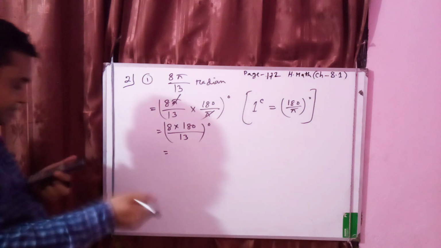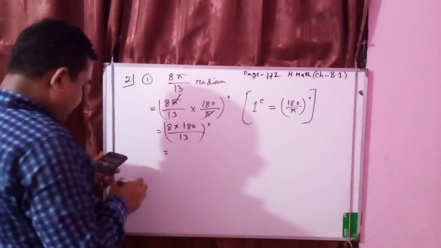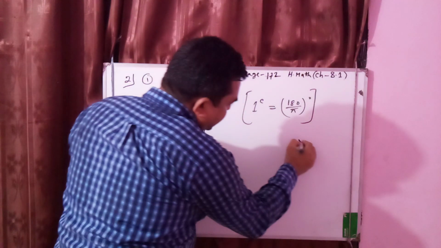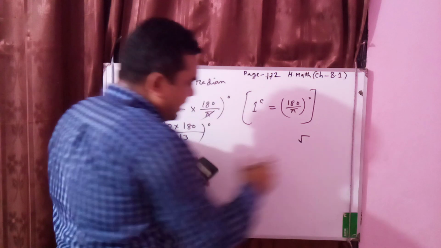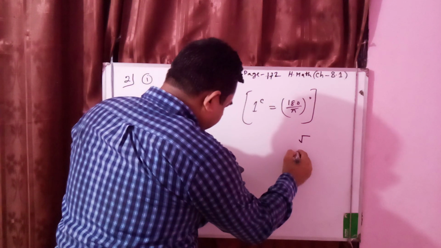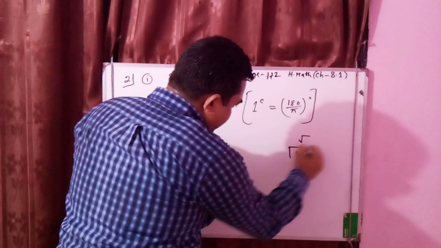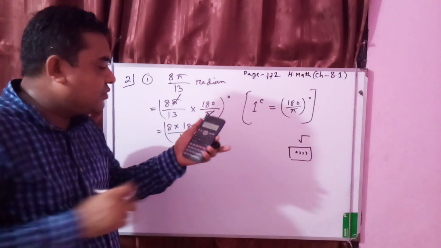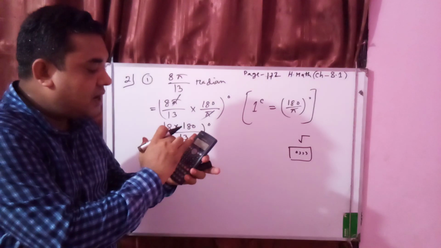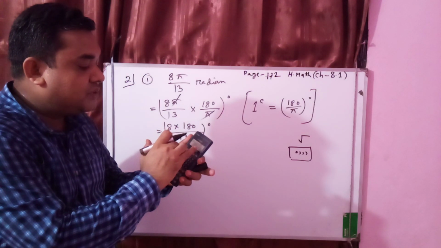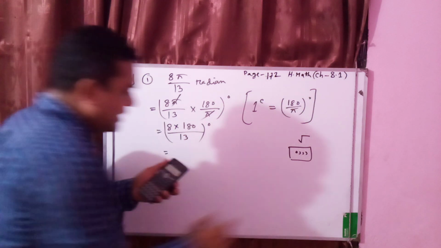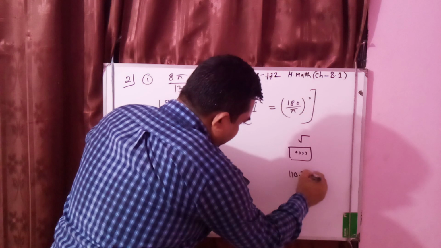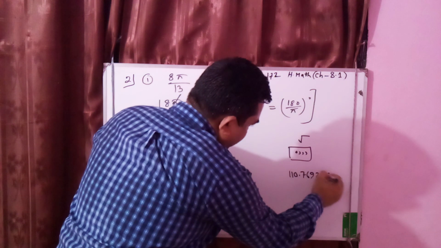Now using the calculator we see this button. We get 110.769238.